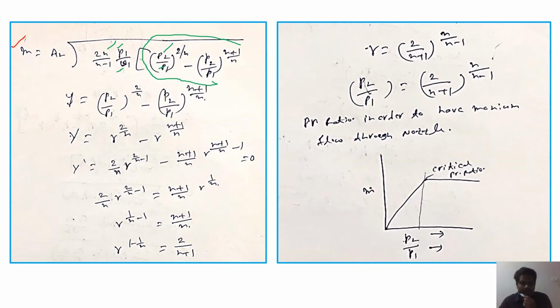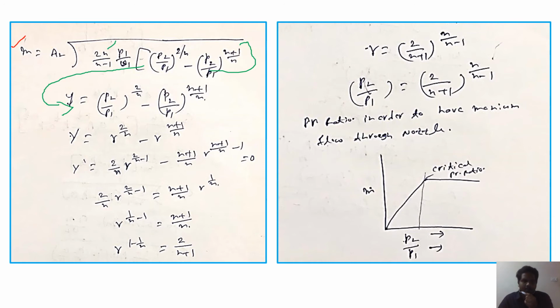So we can write it as, if we take this term as y equals (P2 by P1) whole power 2 by n minus (P2 by P1) whole power n plus 1 by n.